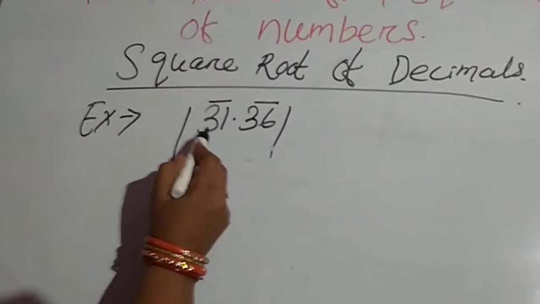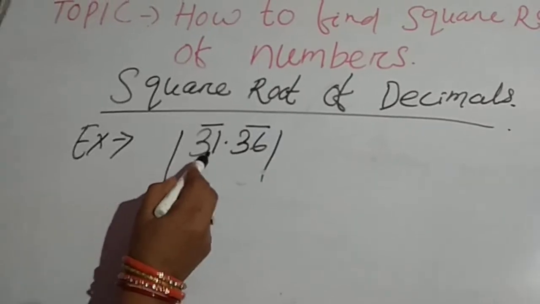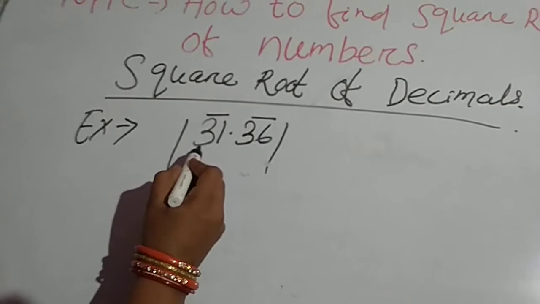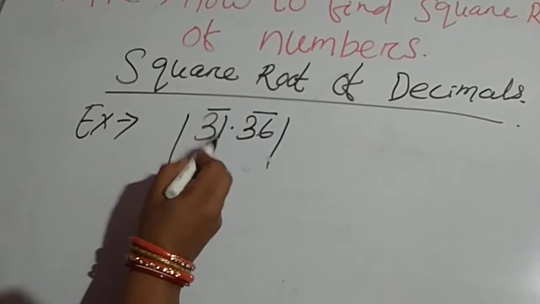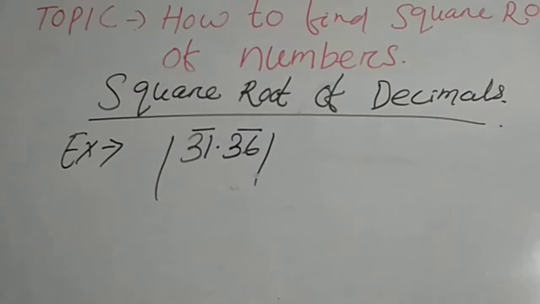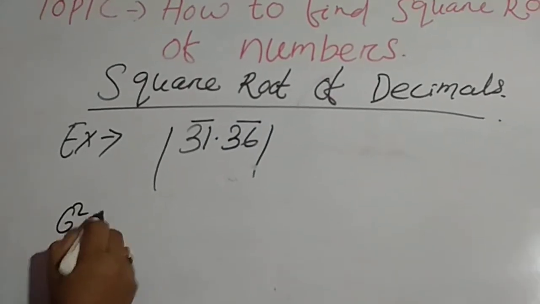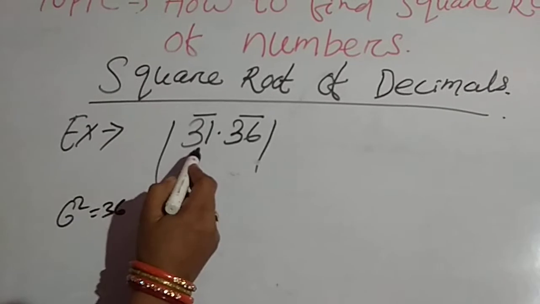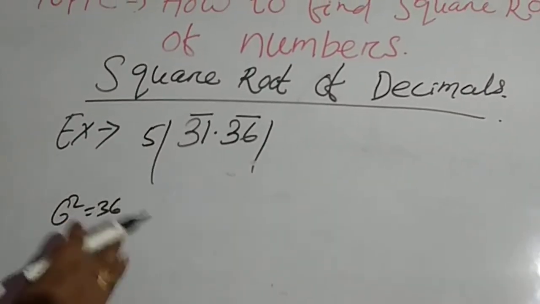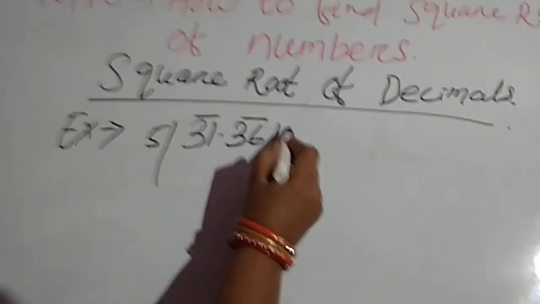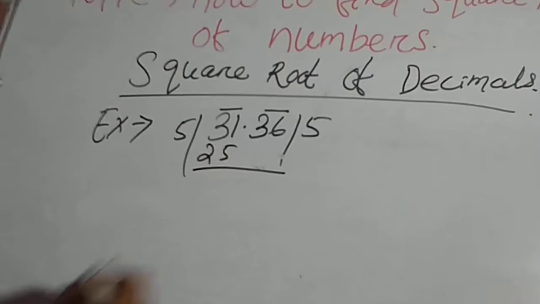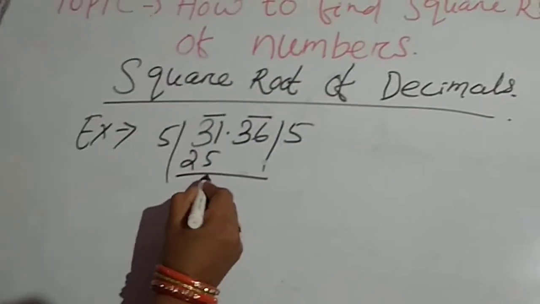So 31 is not a perfect square, but we try which square is less than 31. First 6 square equals 36, but 36 is greater than 31. So we put 5 first. Okay, so 5 square equals 25. Okay, 31 minus 25 equals 6.